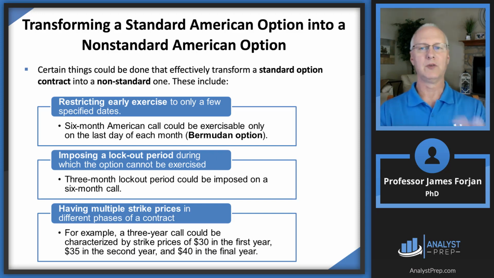Remember, the interesting thing about these is when you change the terms of these contracts and you allow other types of events to trigger the early exercise or the sale of an option, then it's probably going to impact the price.